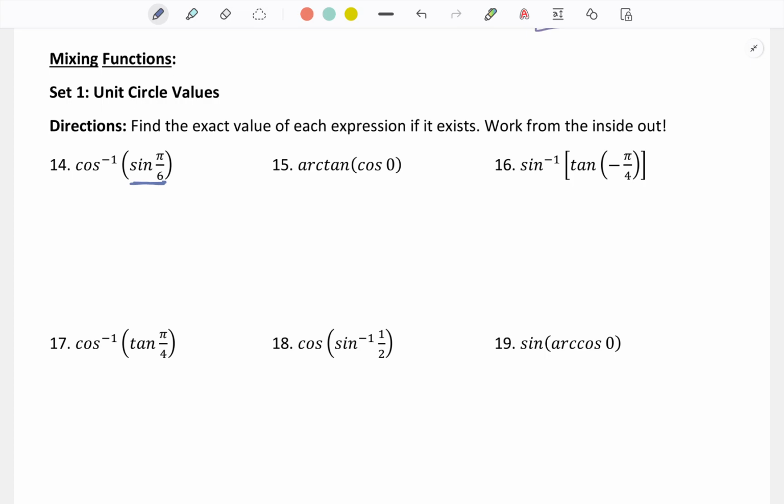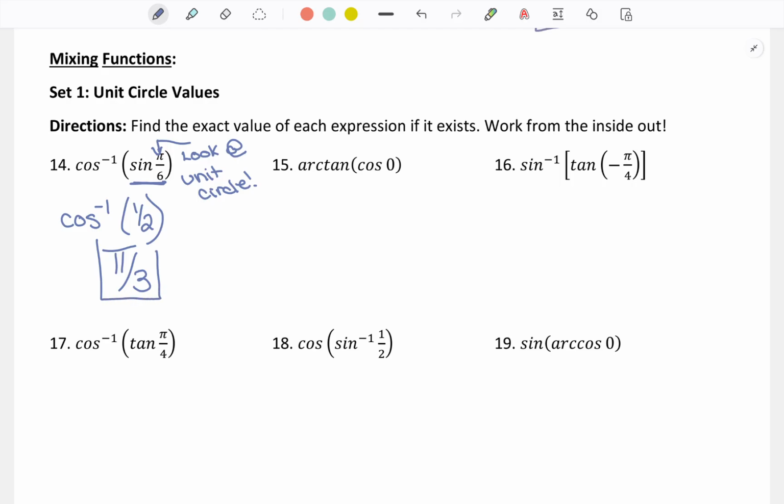Now I know that the sine of pi over 6 from my unit circle is 1/2. So we're going to have the arc cosine of 1/2. And so then if I go in my unit circle and find where 1/2 is in either quadrant 1 or 2, that gives me pi over 3. So that is my final answer.